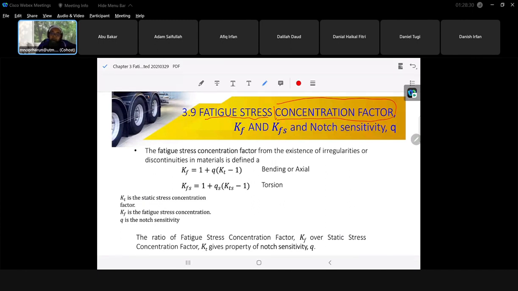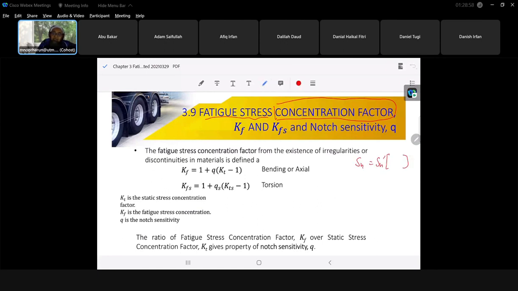What does it mean? Earlier we have that SN, we have this SN. Then we have SN, so the time multiply with many factors, load factors, all the factors. Same as this fatigue stress. Okay, we have the fatigue stress.